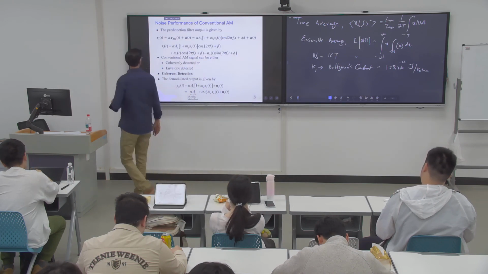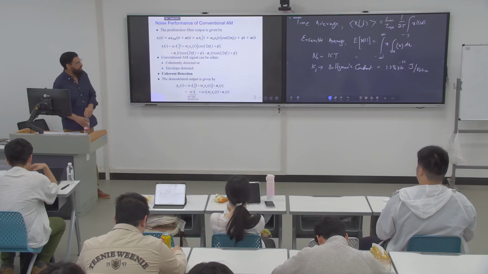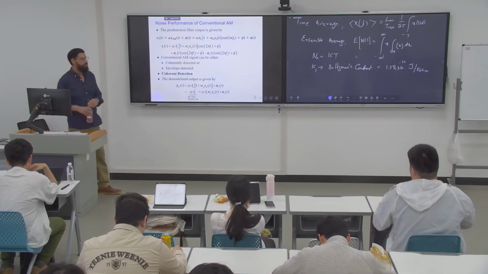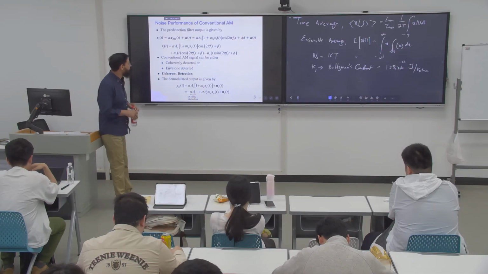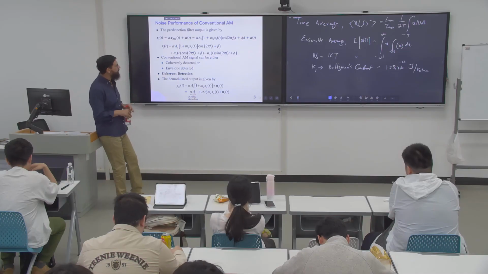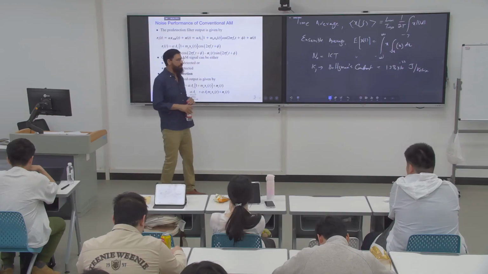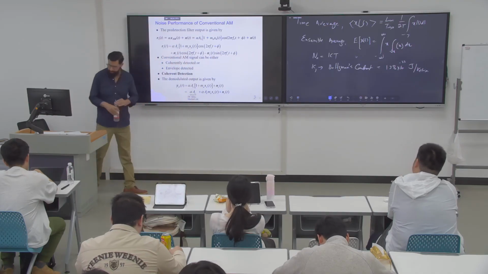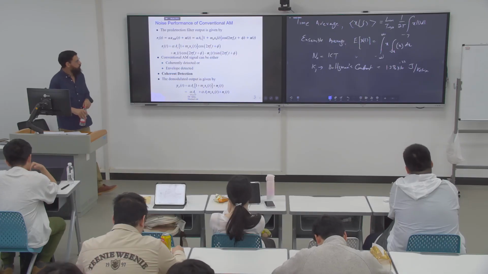Now the post pre-reduction filter output is given by X, the AM modulated signal plus this noise. We can break down that noise into its components, the in-phase component and the quadrature component.